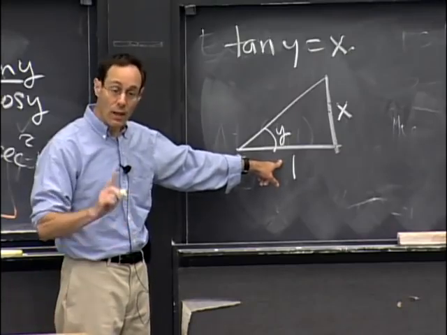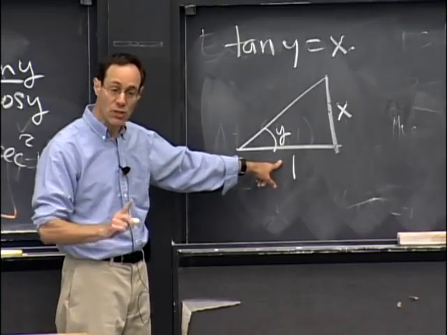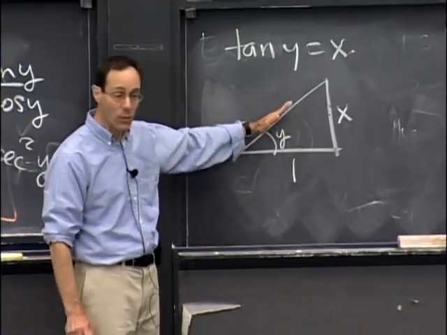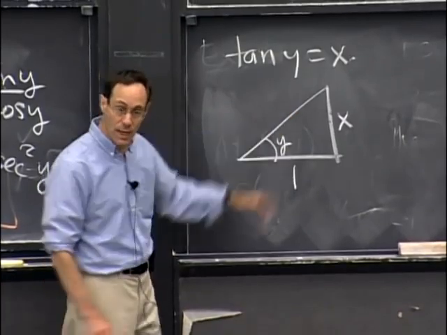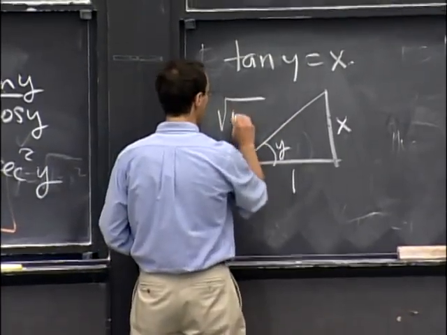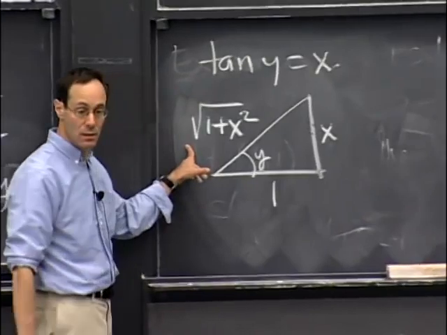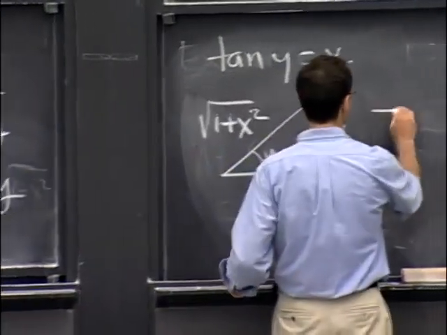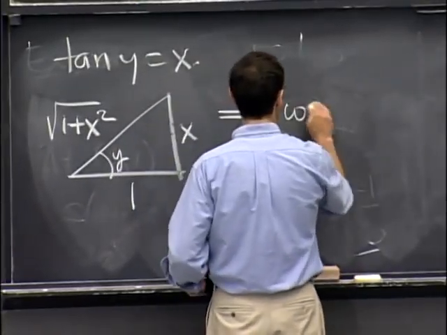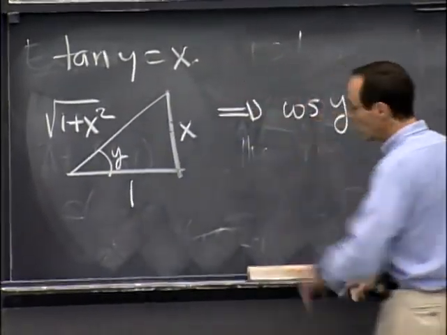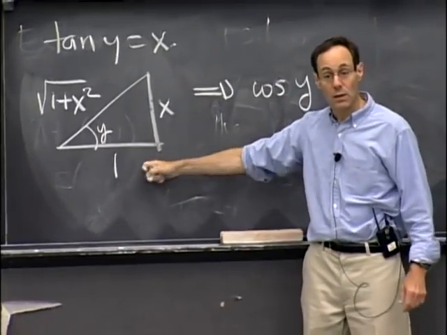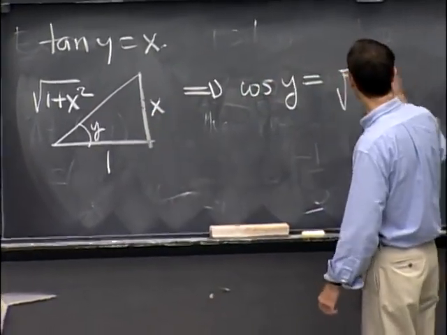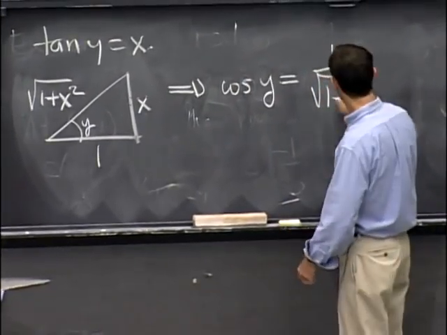Now, all I have to do is figure out what the cosine of y is in this right triangle. In order to do that, I need to figure out what the hypotenuse is. But that's just the square root of 1 plus x squared. Now I can read off what the cosine of y is. The cosine of y is 1 divided by the hypotenuse, so it's 1 over the square root of 1 plus x squared.